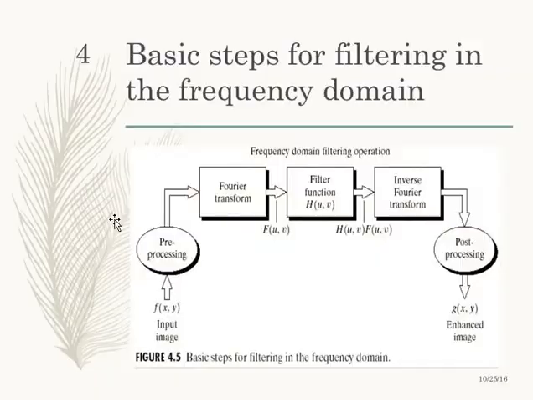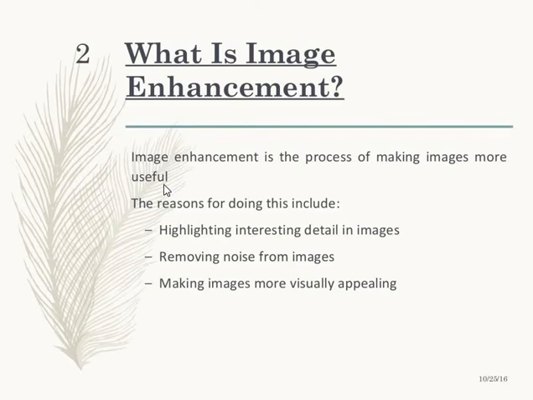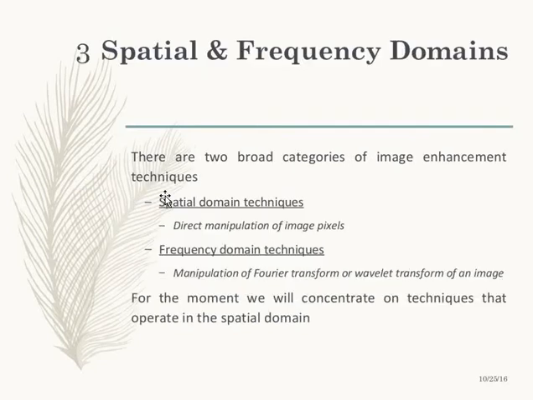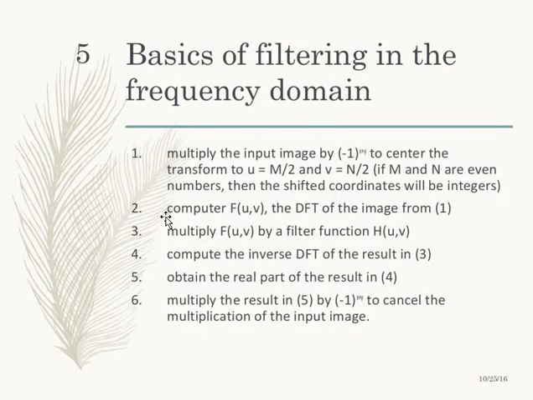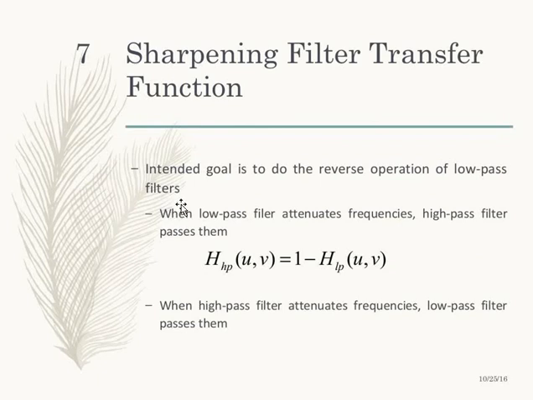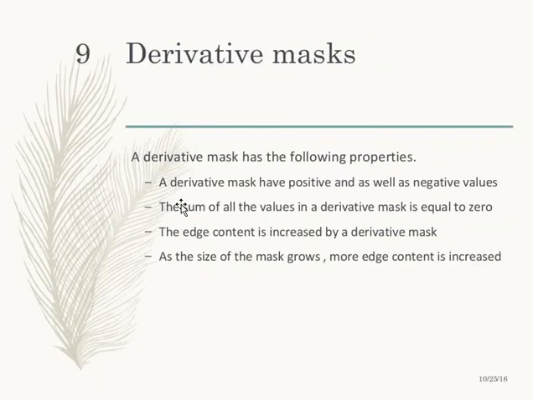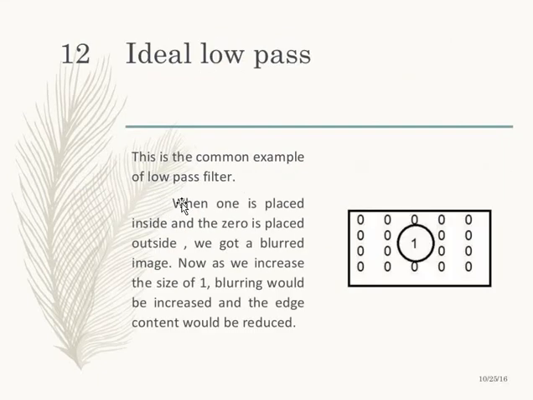Let us recap again. We have learned what image enhancement is, what spatial domains and frequency domains are, and how to convert an image into the frequency domain. Then we have seen the basics of filtering in the frequency domain. Then we have learned different filtering techniques: sharpening filters, blurring masks, derivative masks, and the relationship between blurring masks and derivative masks.